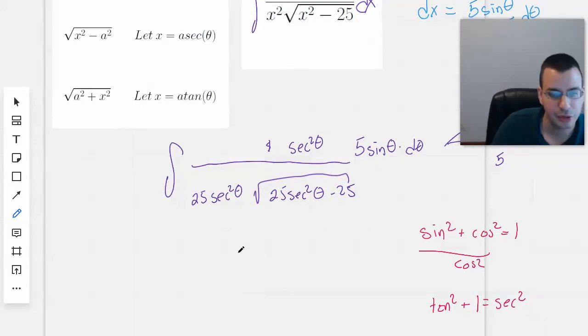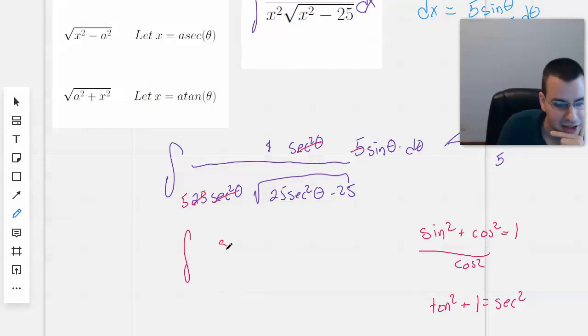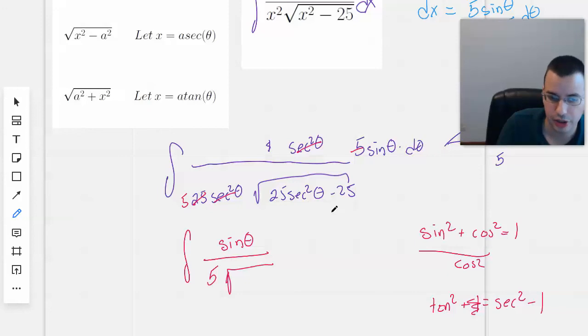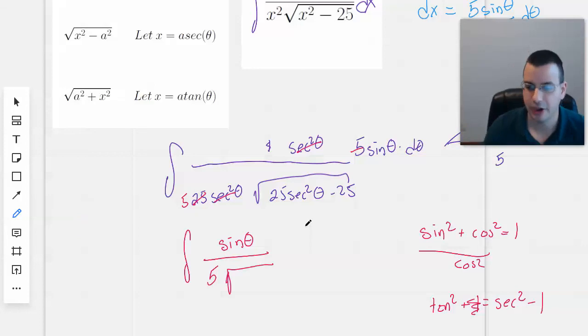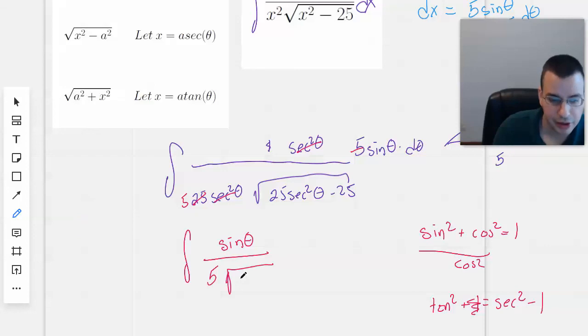So what we're left with then is, so this will be 5, these secant squareds will cancel, and we have a sine of theta over, and we'll bring out a 5 times the square root of secant squared minus 1, because I factored out the 25, and then you take the square root of 25 and get 5. Tangent squared theta, d theta.